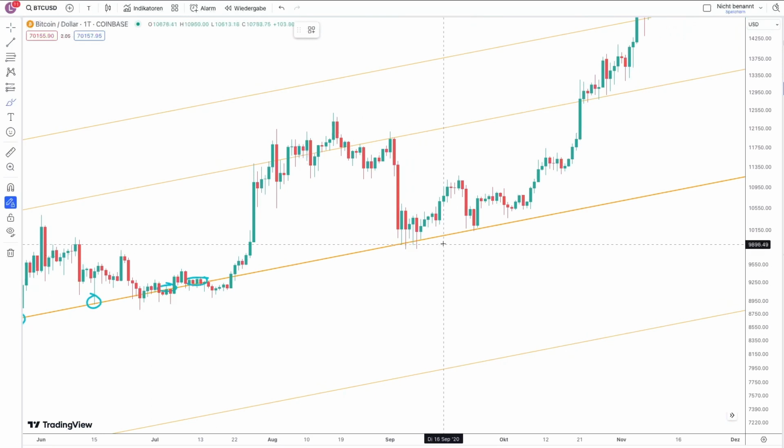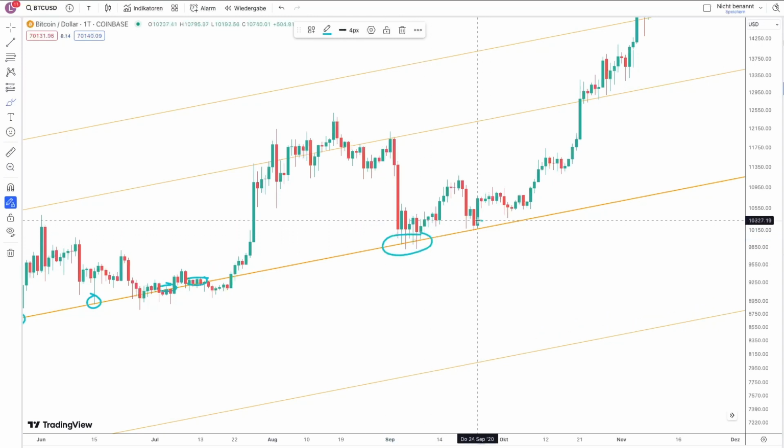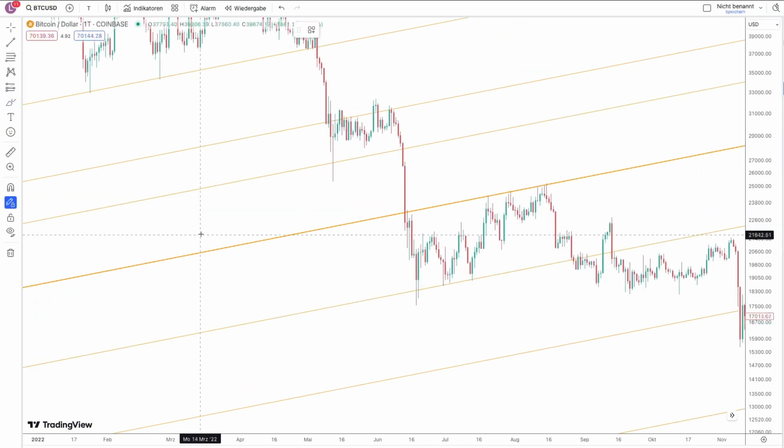Our next touch points were in September of 2020. We had here multiple days of support. Here again a support. Our next touch points were here in June of 2022.